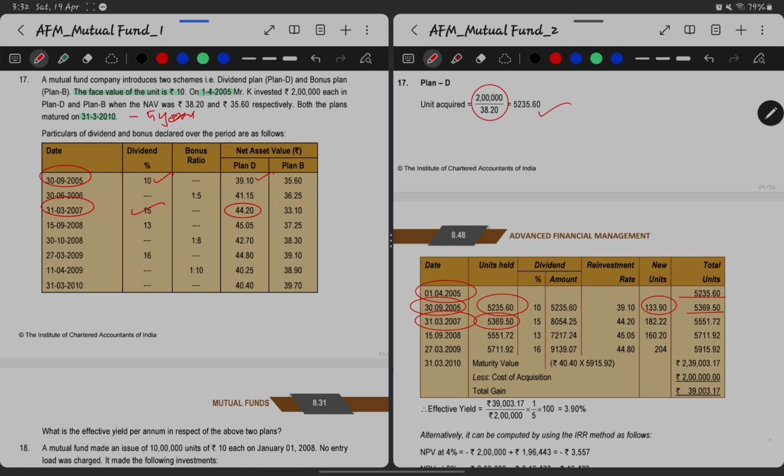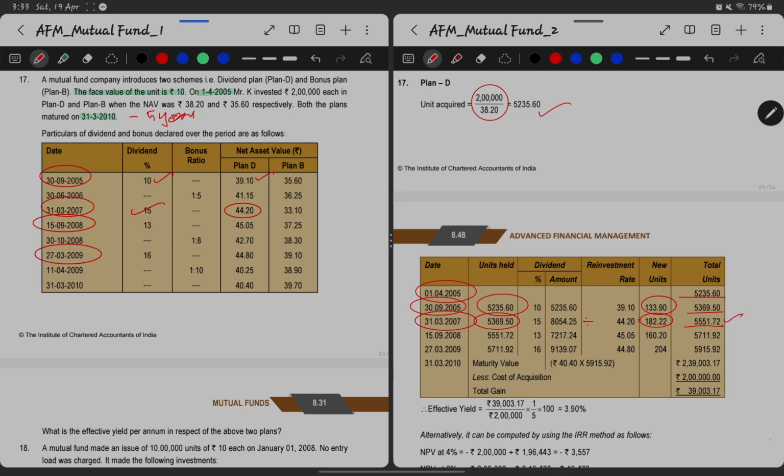So 8054.25 divided by 44.20 will give us the new units to be reinvested, which is nothing but 182. Again this will get added to the balance units, and then the balance becomes 5551.72.